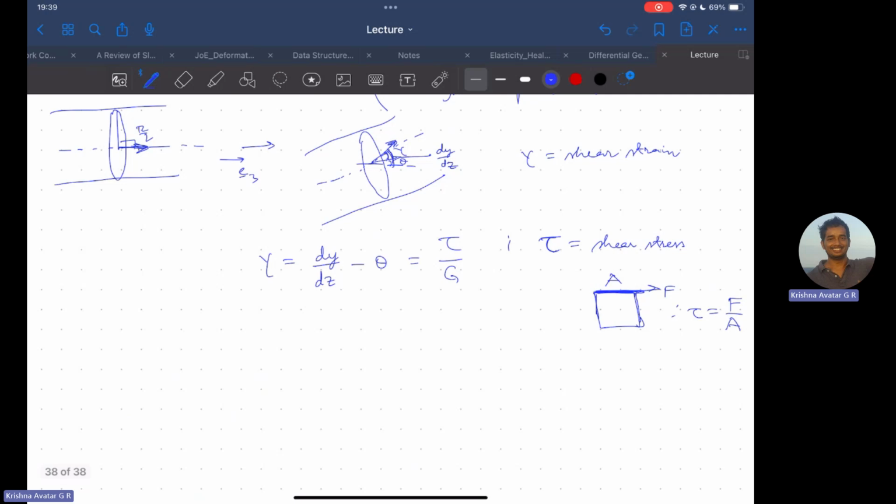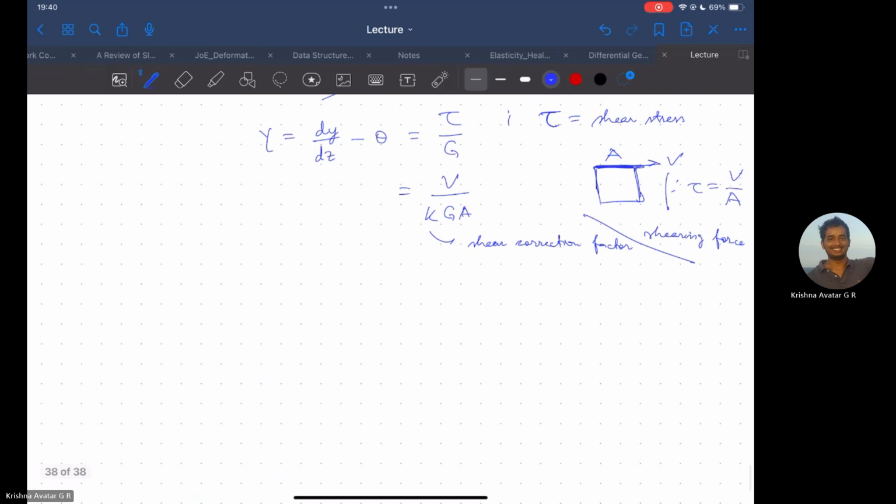Because of this, we can write it as V by KGA, where V is the shearing force and K is the correction factor, sometimes called the shear correction factor.